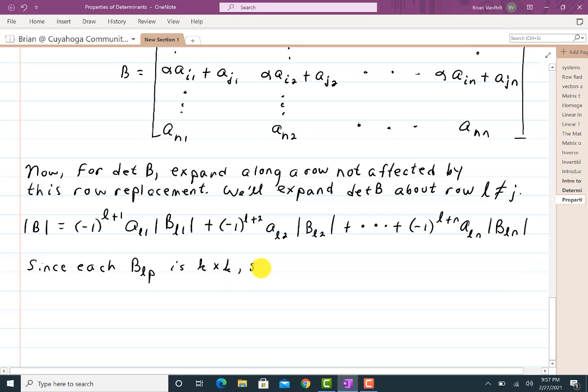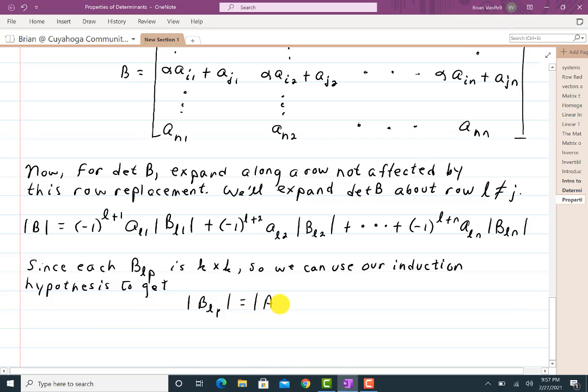So we can use our induction hypothesis to get the determinant of B_LP equals the determinant of A_LP.